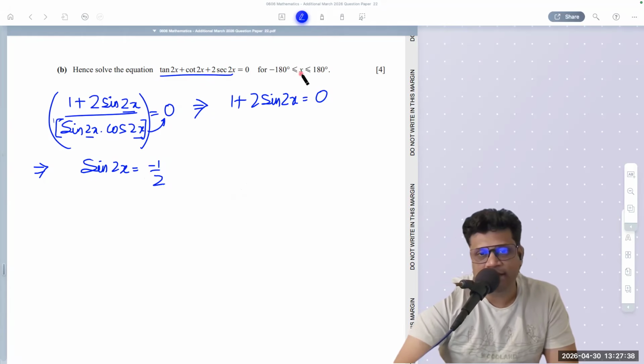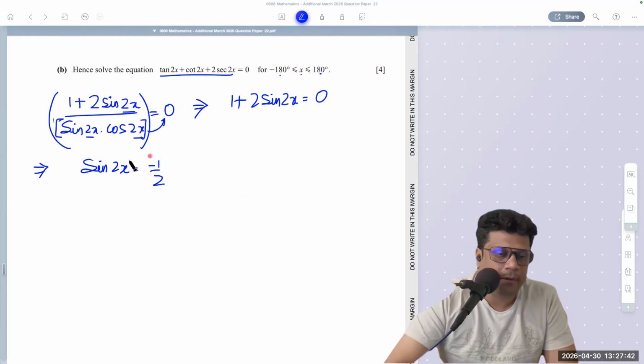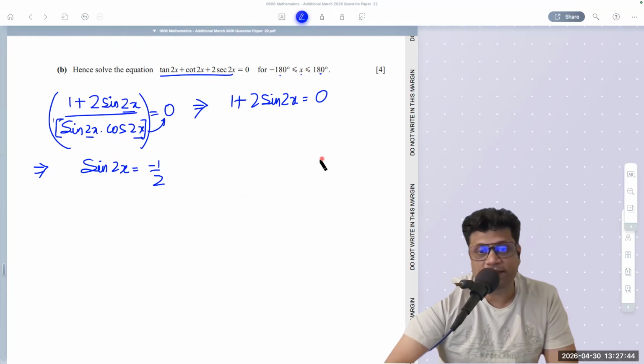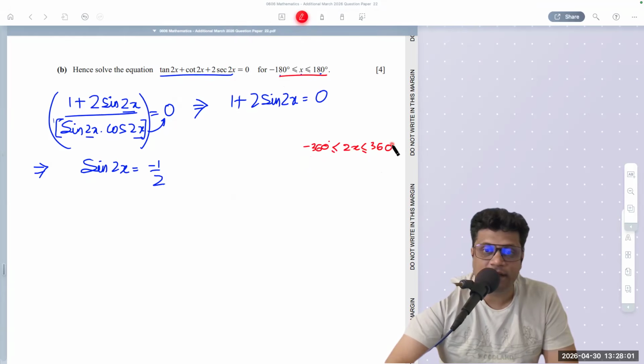I know that x needs to be between 180 and negative 180, which means 2x, I'll write it in a different color here. If x can be between these two, 2x can be between 360 and negative 360. That's adjusting the domain. Okay.